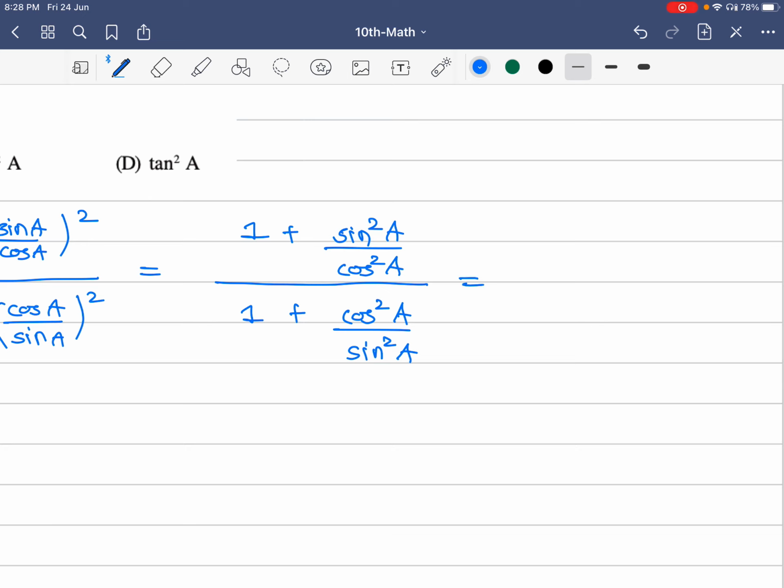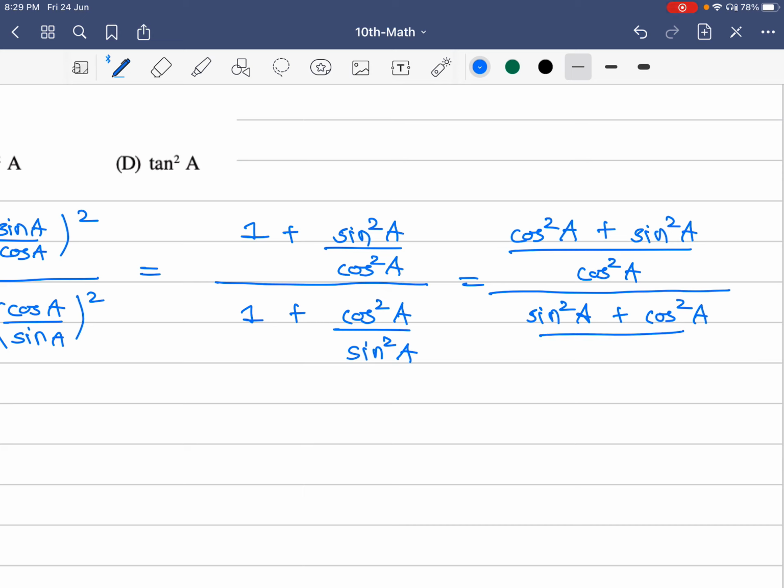Now I'm going to take this cos square a to the numerator, so this is going to be equal to cos square a plus sine square a the whole divided by cos square a. This is our numerator, and now the denominator is going to be sine square a plus cos square a the whole divided by sine square a.